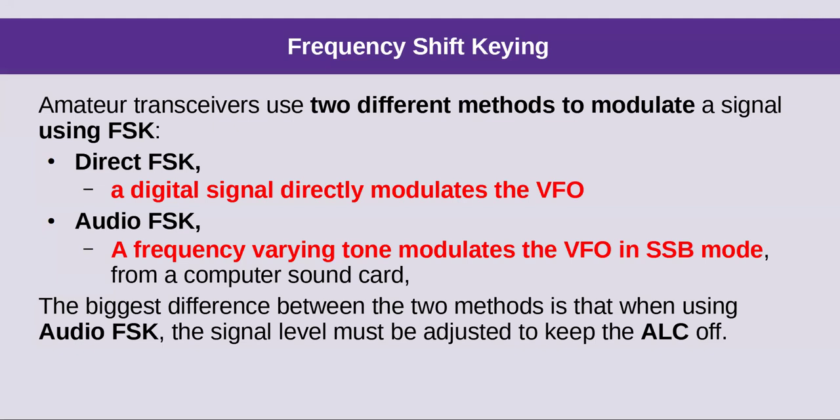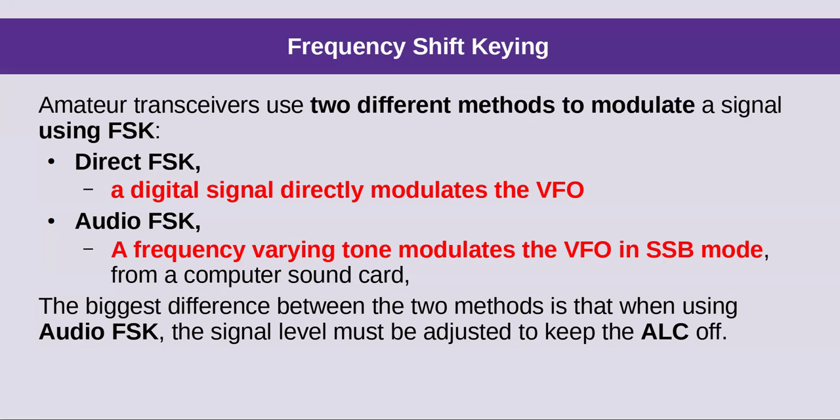So you actually transmit on different frequencies depending on the symbol you're trying to send. In the case of audio frequency shift keying, you're operating in single sideband and your computer is generating an offset plus the modulation signal.